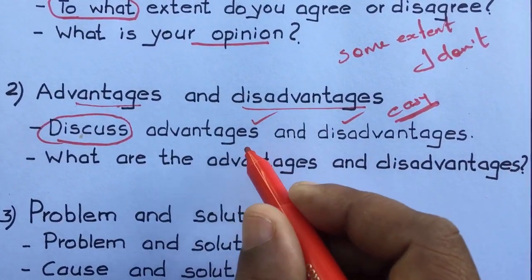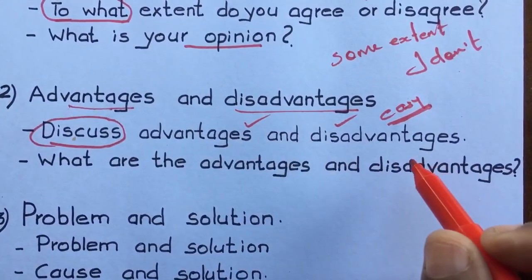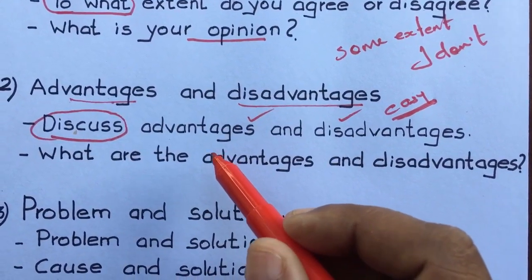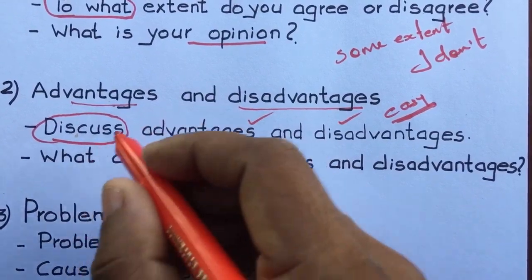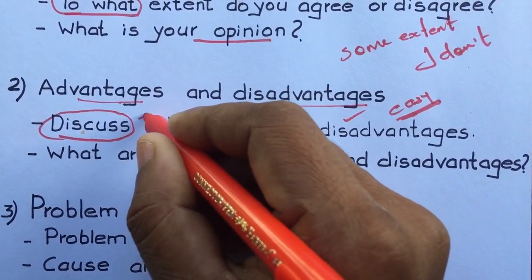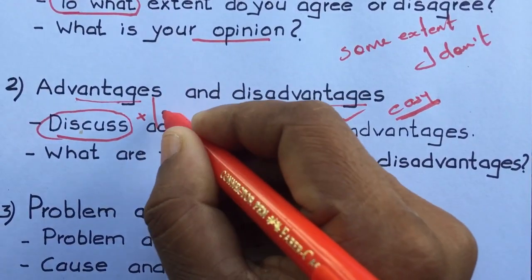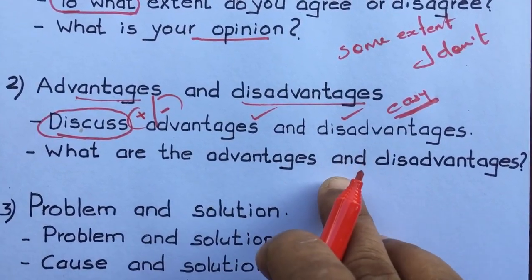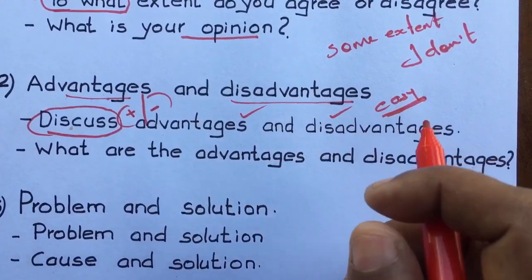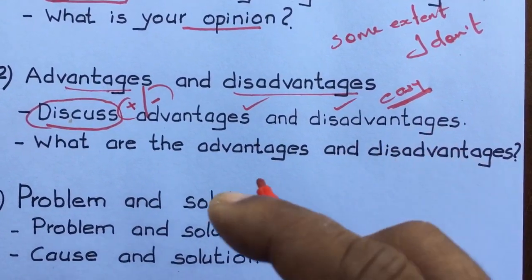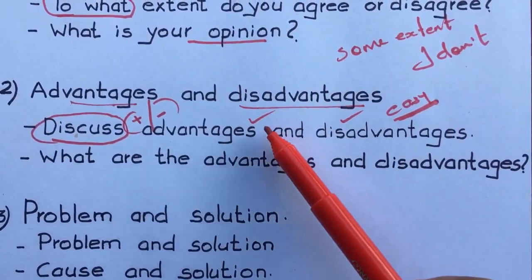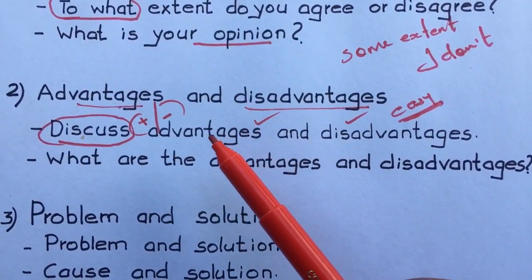Even though they ask the question in this way, you can stick to the advantages side or the positive side, or you can write both. If you add both positive and negative in your essay, it is the best, because if they ask about advantages and disadvantages, and you think the question has only advantages, that's not right.